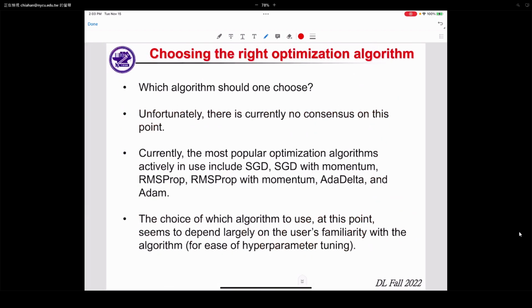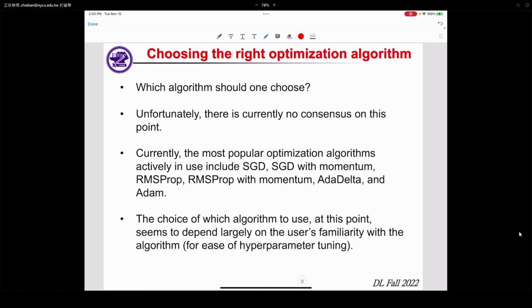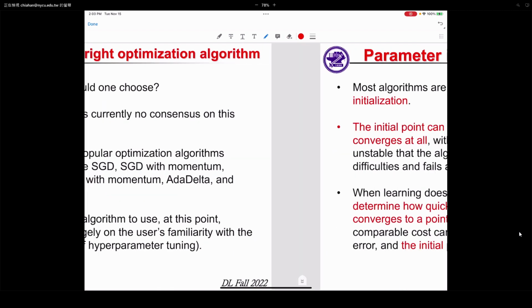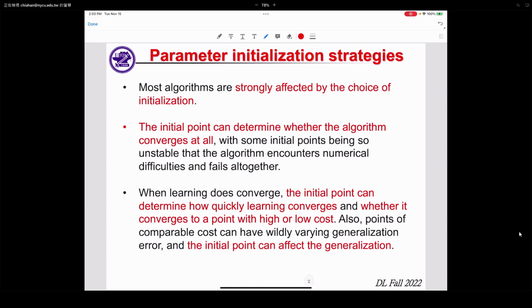But that doesn't mean it is much more superior than other algorithms in all scenarios. Maybe in some scenarios other algorithms will work better. But in the end, you find that other factors have more effect on your eventual results, such as the choice of initial values and the choice of architecture, not your algorithm.